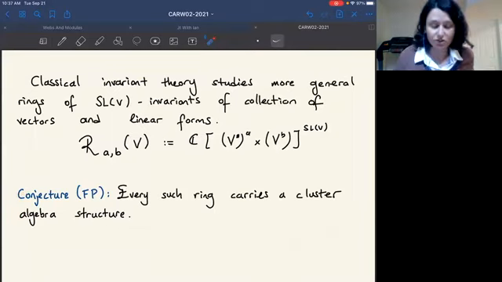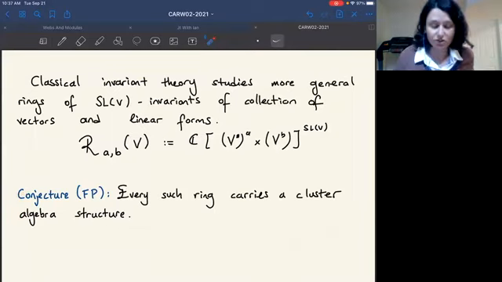The explicit definition is in the paper of Fomin-Pylyavskyy. There's no point in going into details, but I would like to show you some pictures. Basically, they are used to pictorially represent certain elements in invariant theory.